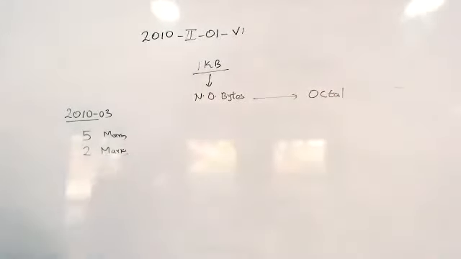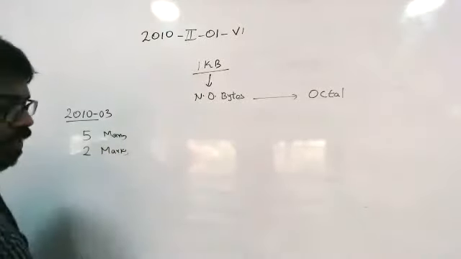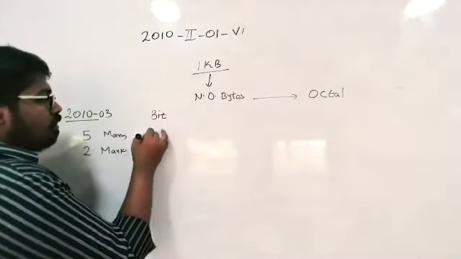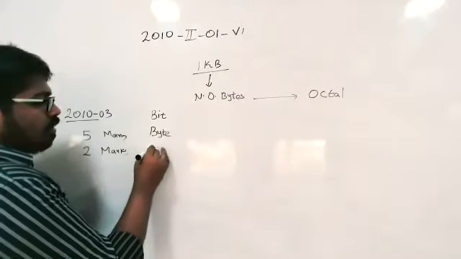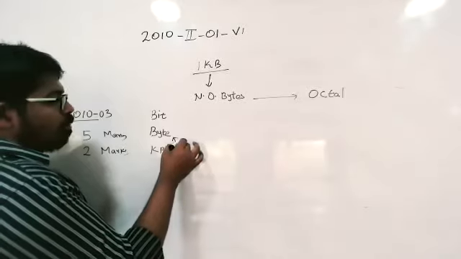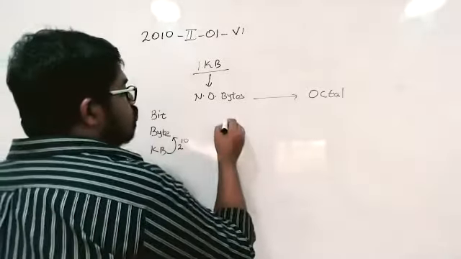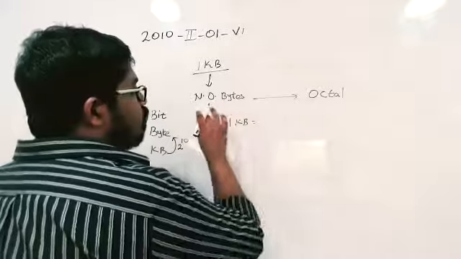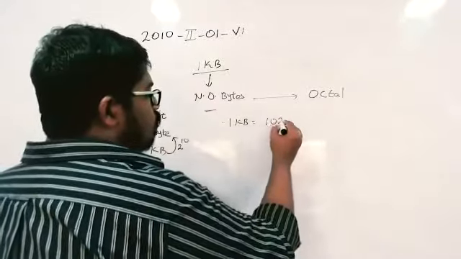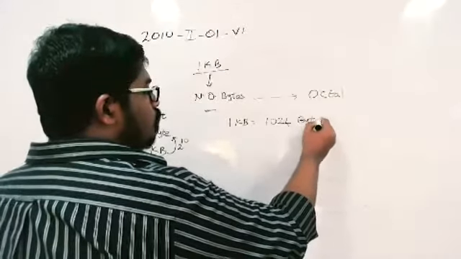That is what they ask, right? So here, first you have to convert 1 KB into bytes, right? So bit byte conversion, bit, byte, kilobyte. So from kilobyte to byte, you have to multiply it by 2 to the power 10. So 1 KB you have to write. This is your answer, right? So you have to start from here. 1 KB equals 1024 bytes.